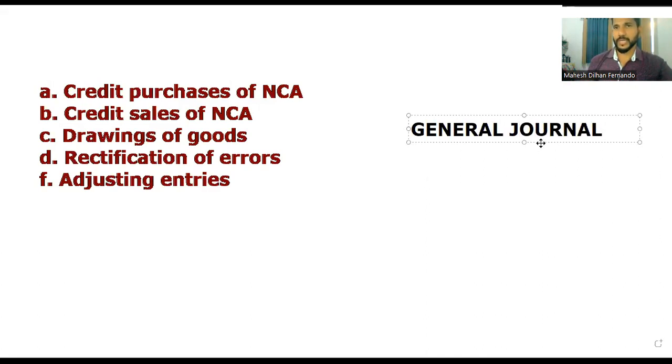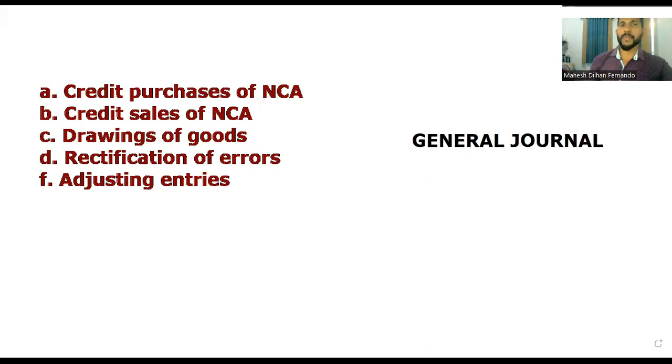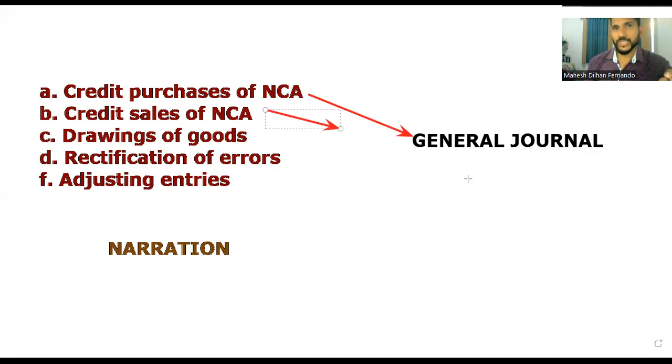Then what is narration? The general journal is a single specified primary book, but in it we can record a number of transactions.